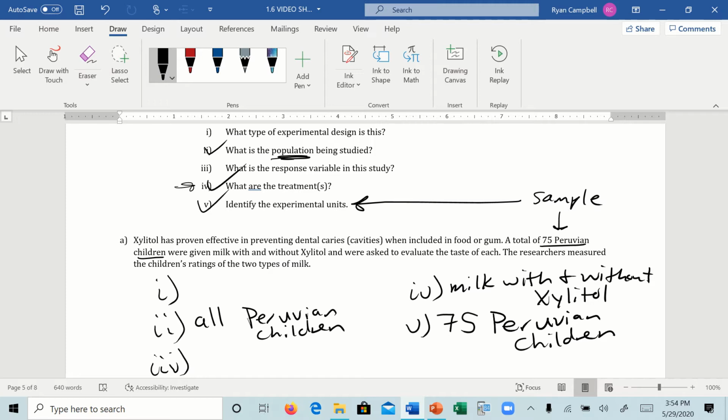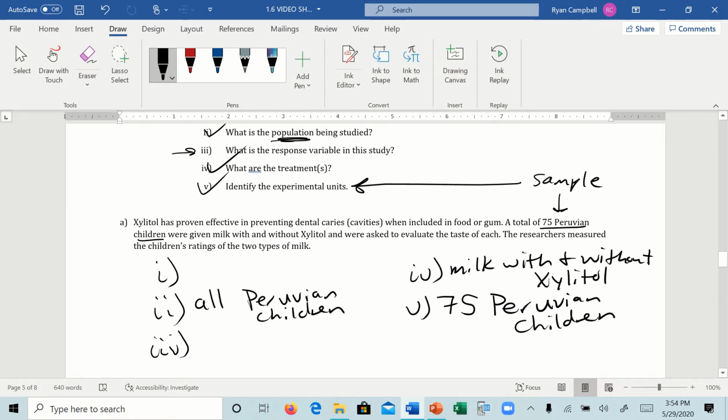All right. What is the response variable? So what are we actually trying to measure? So some people might think, oh, well, supposedly the drug prevents cavities, so that's what we're trying to measure. But if you notice, that's not what the researchers actually measure, right? What do the researchers measure? They measure the children's ratings of the 2.